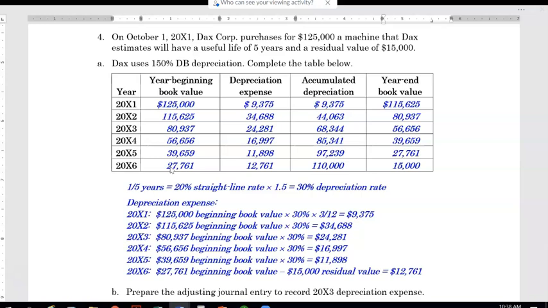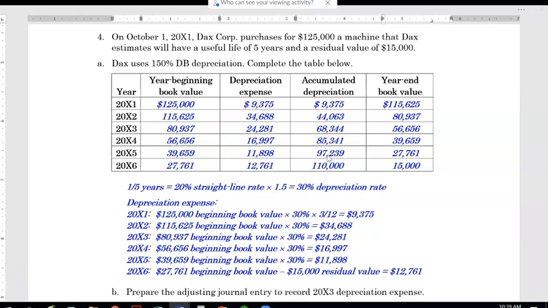So we go to year 6 anyway, 27,761. And this is the last year that we need to recognize whatever necessary. So 27,000 minus 15,000 ends up to be 12,761. And that's what we're going to use. So we're going to depreciate 12,761 no matter what.